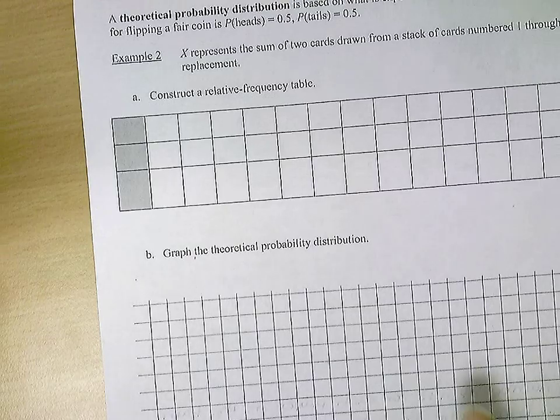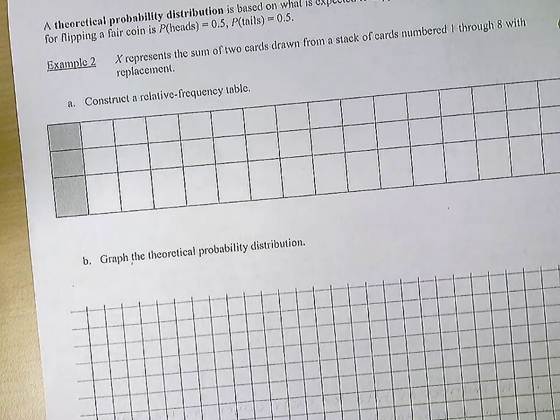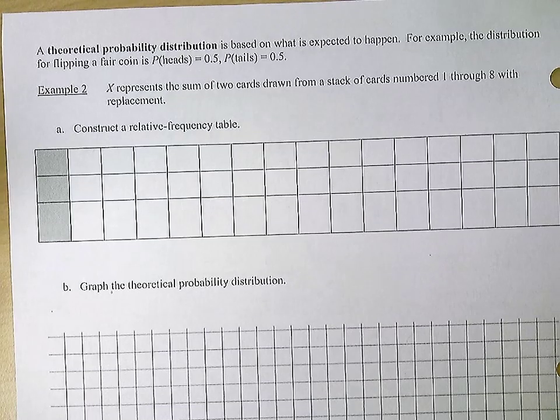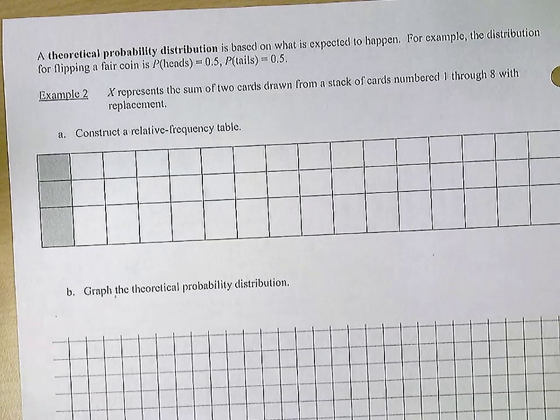So if I look at my next page here, a theoretical probability distribution is based on what is expected to happen. For example, the distribution for flipping a fair coin: the probability of heads is 0.5 and the probability of tails is 0.5.